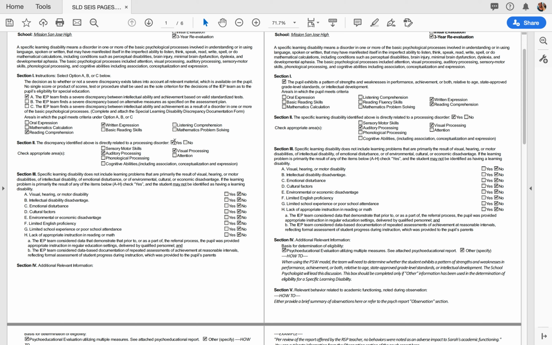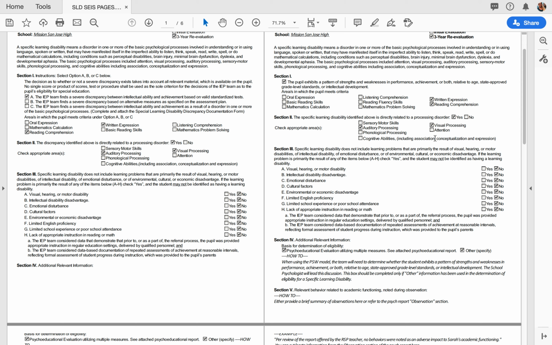So if we mark yes, then we need to let them know which of these processing areas is affected. Same thing here. The areas include sensory motor, visual processing, auditory processing, attention, phonological processing, or cognitive abilities, which includes association, conceptualization, and expression.